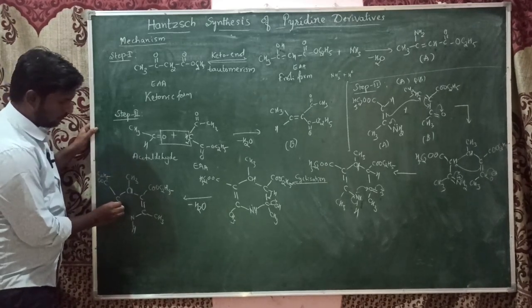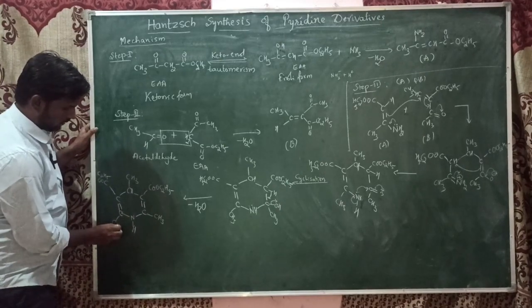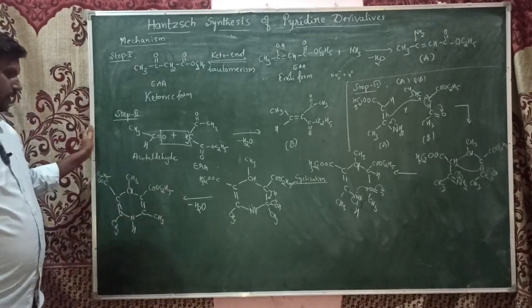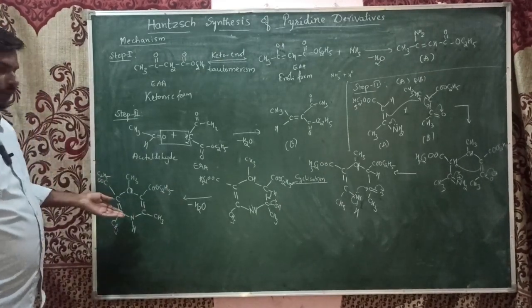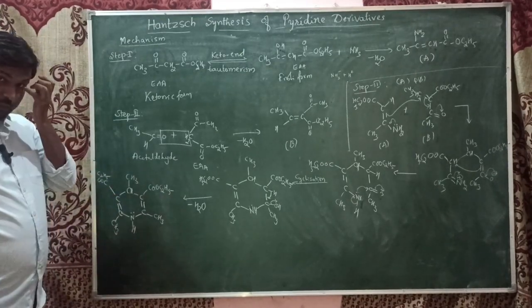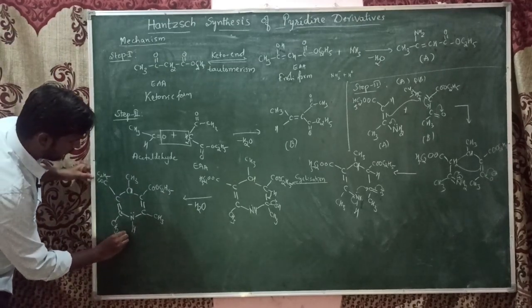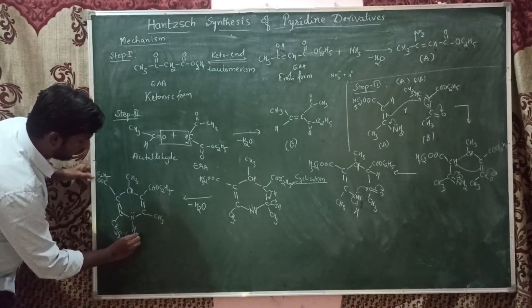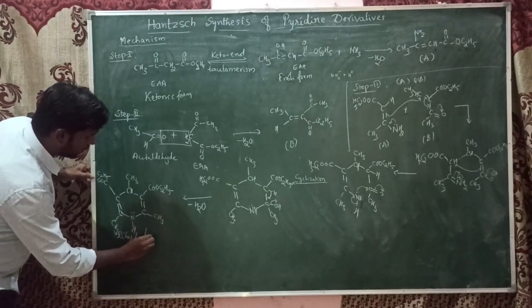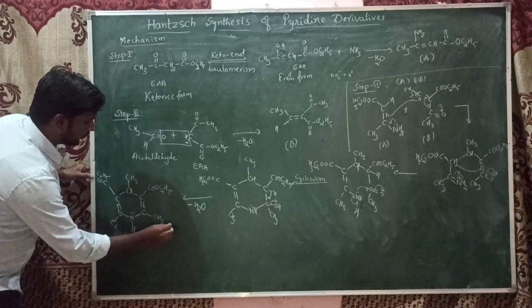Here it is a double bond, and this carbon is with CH3. Okay, this is nothing but our first product, that is the dihydropyridine derivative. Yes, this is the dihydropyridine derivative.